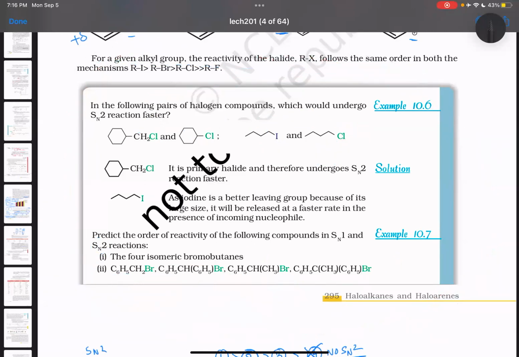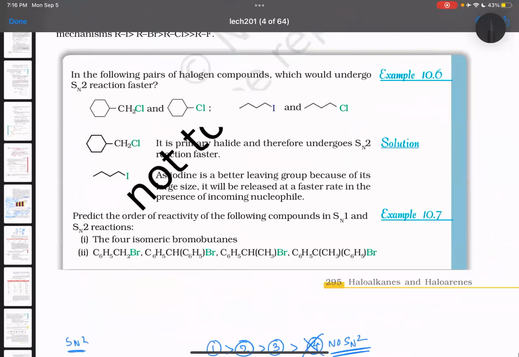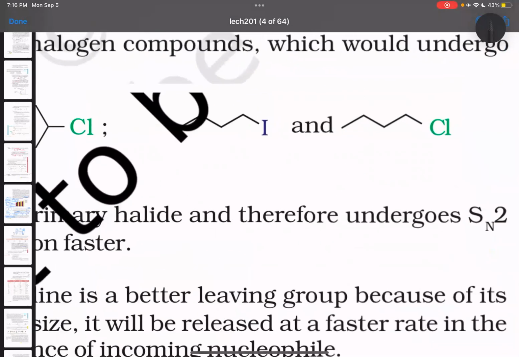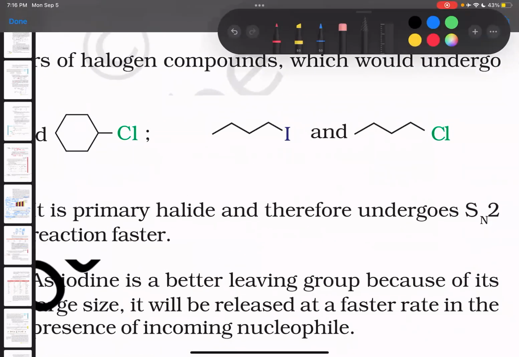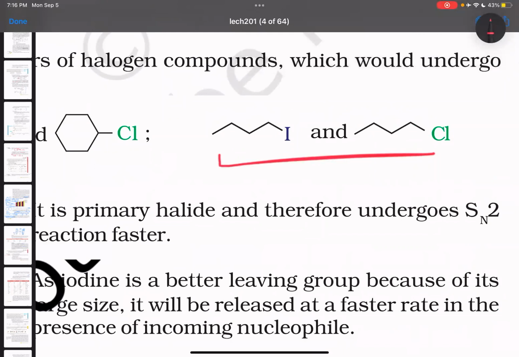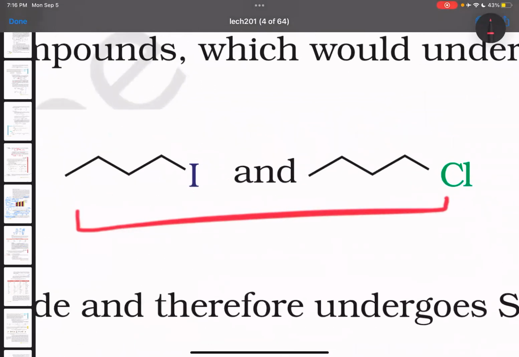So let me ask you some more questions. Where is SN1 or SN2 going to occur more quickly in these two? Tell me. Anushka, Imad, Rayan, Absar.